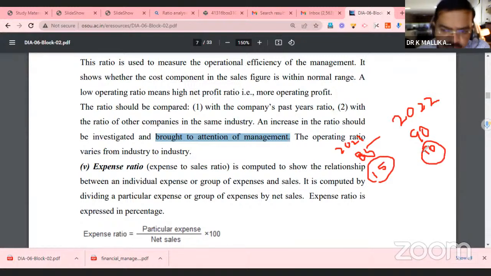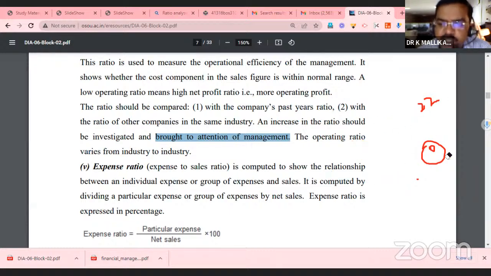Now the company has some questions: why did this happen? Where is the problem? Why has our operating profit not increased, while operating cost increased? What are the reasons? And the company takes some decisions.